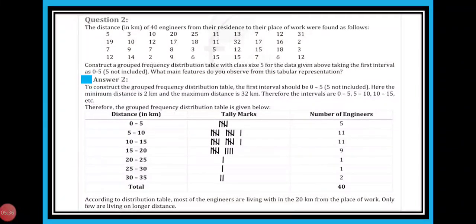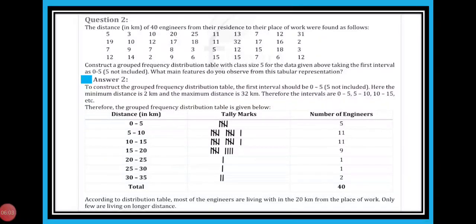Now let us see what the frequency of engineers is whose residence and workplace distance is 0 to 5 kilometers. From the given data, 5 engineers live 0 to 5 kilometers from their workplace.